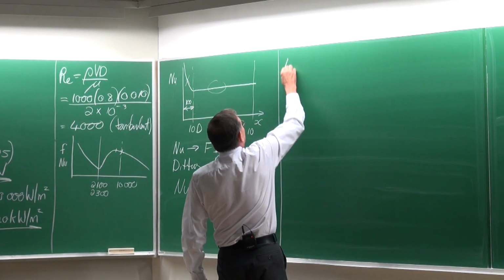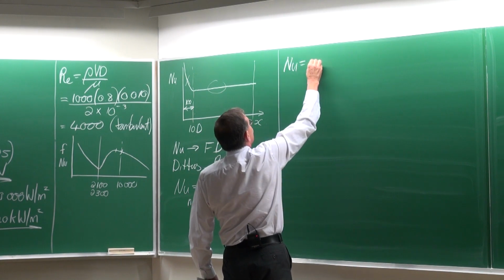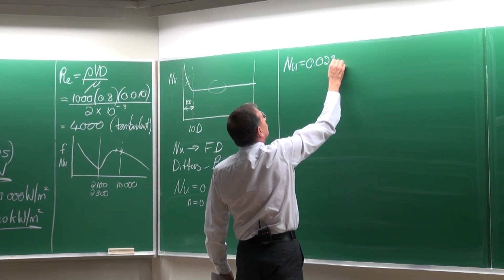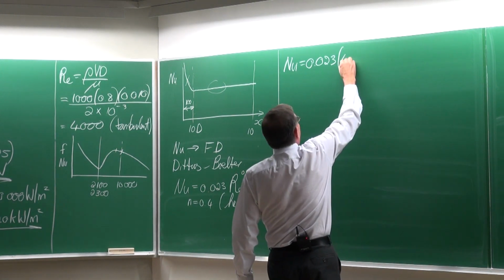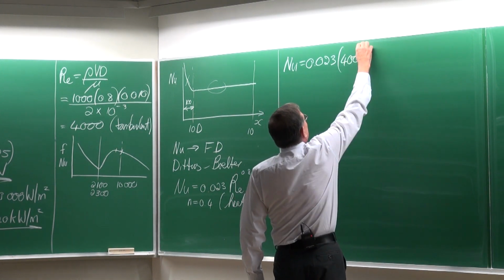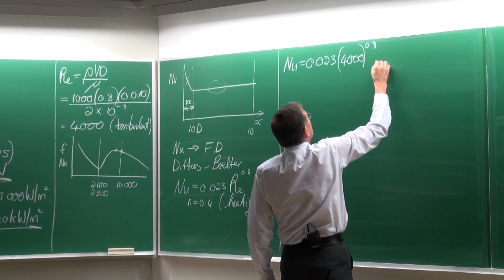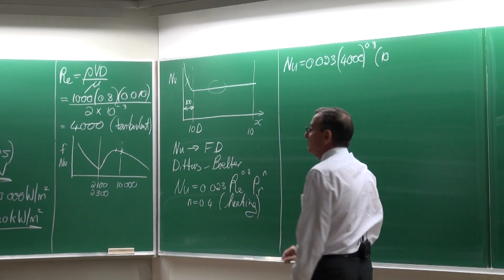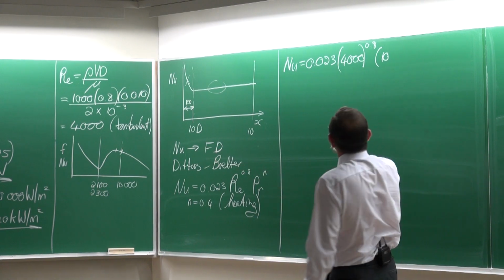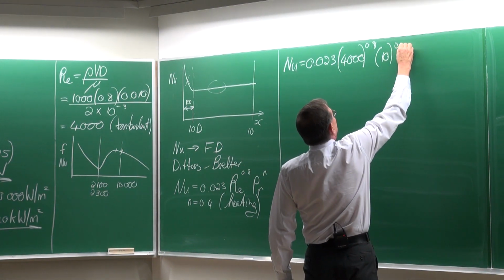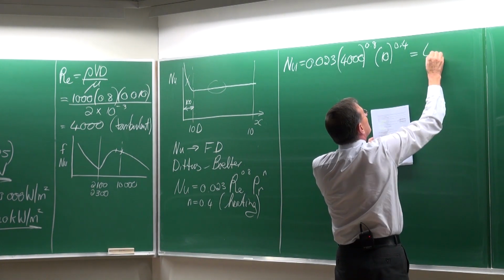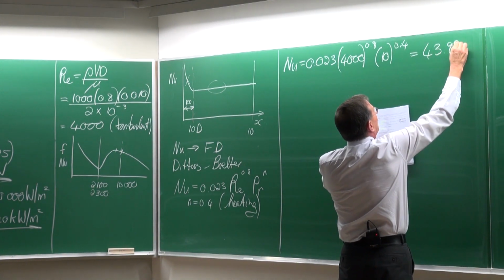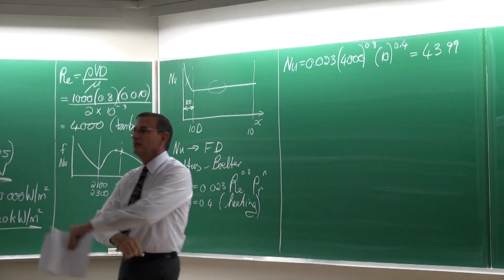Right, and now we can determine the Nusselt number. It is equal to 0.023 multiplied by the Reynolds number, which is 4,000, to the 0.8, Prandtl number of this fluid is equal to 10, to the 0.4, and that gives us a Nusselt number of 43.99, or 44. Nusselt number of about 44.